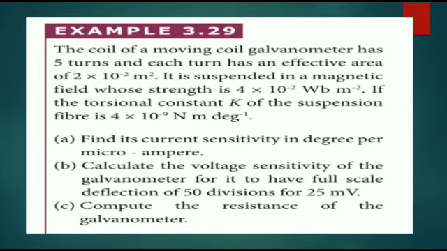Two, calculate the voltage sensitivity of the galvanometer for it to have a full scale deflection of 50 divisions for 25 millivolt, that is 10 power minus 3. And three, compute the resistance of the galvanometer.